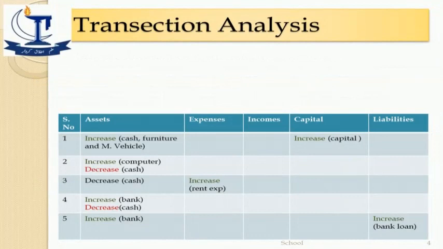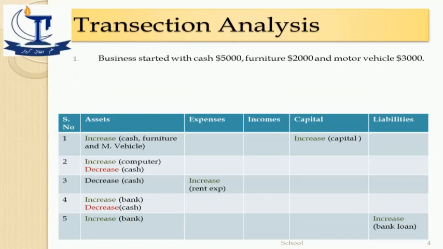I am going to write the transaction over here. For example, when a business started with cash 5,000, furniture 2,000, and motor vehicle 3,000, the owner is putting these things into your business, and being a bookkeeper, being an accountant, we have to record the transaction.